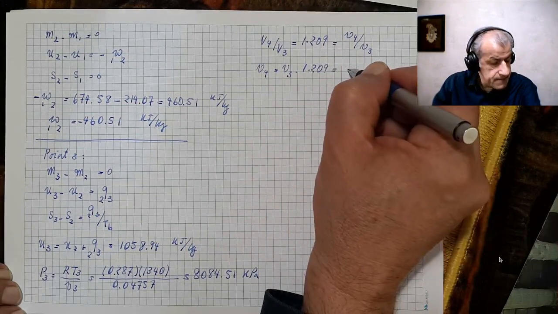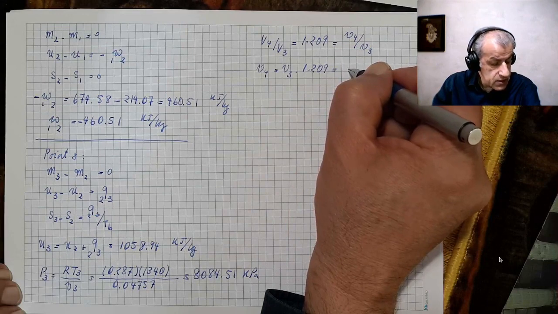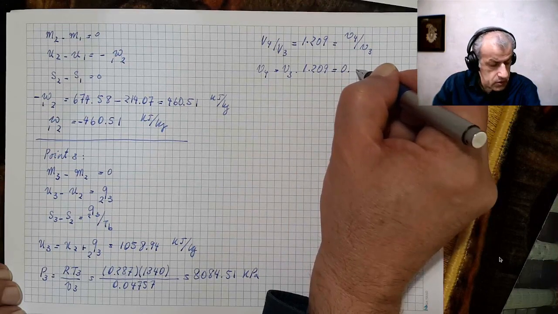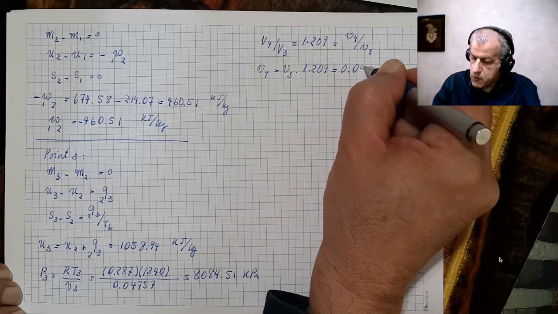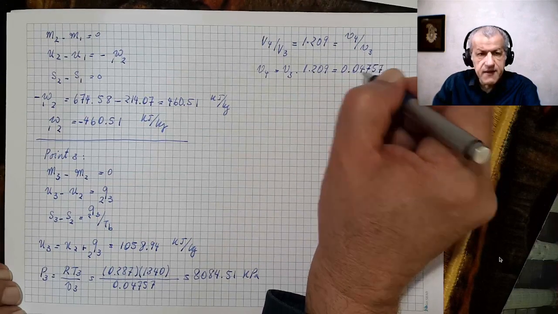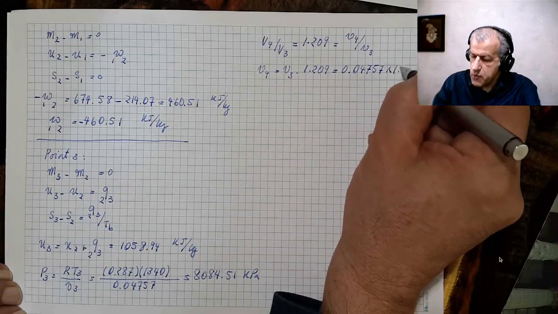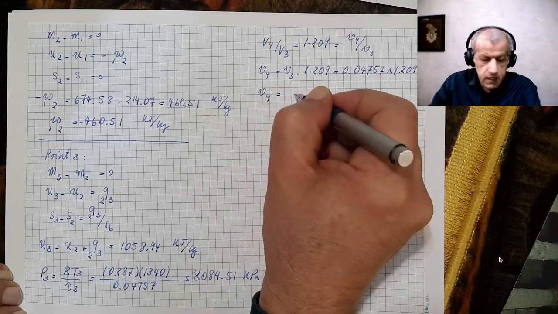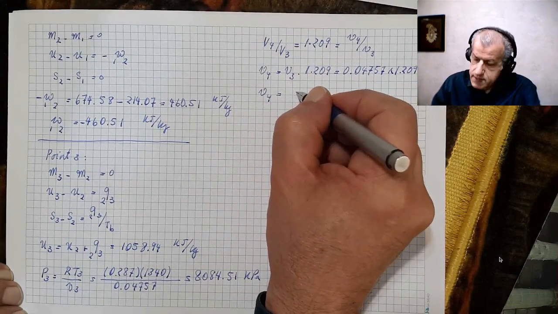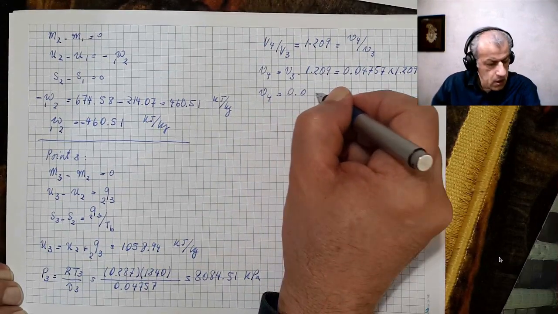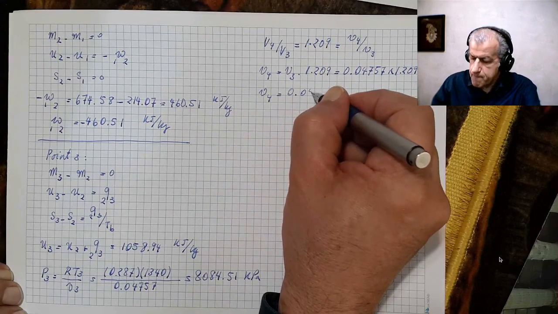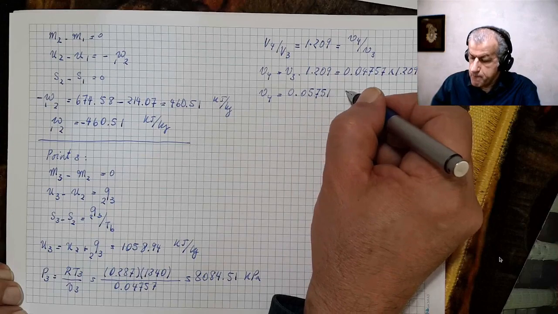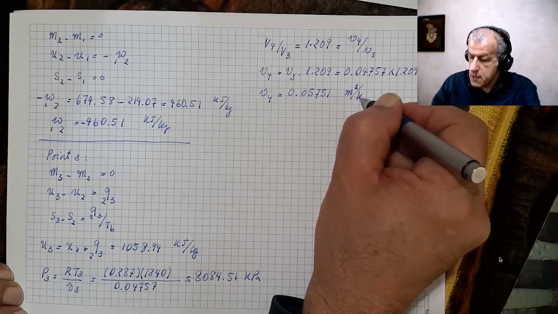That is V3, which is 0.04757, times 1.209, and therefore V4 is 0.05751 cubic meters per kilogram.